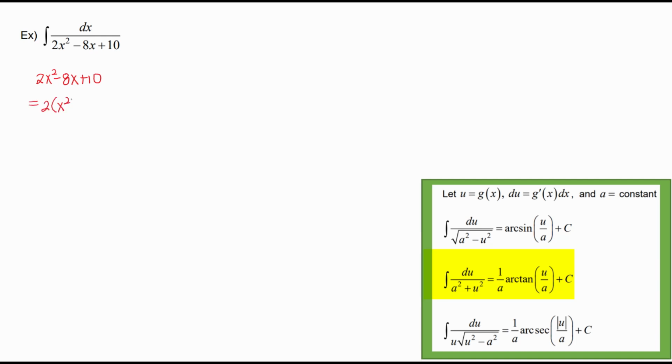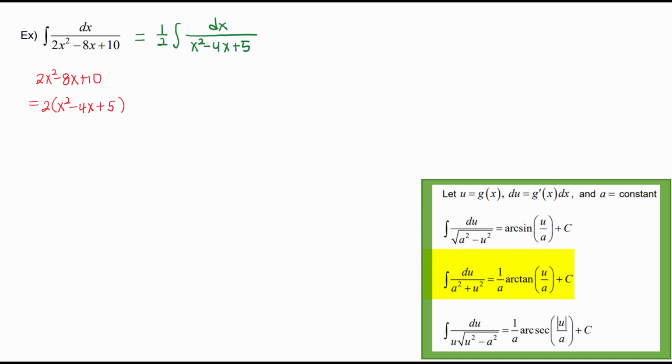So we can rewrite that as 2 times quantity x squared minus 4x plus 5, so that we can pull out the 1/2 in front of the integral. We can now rewrite this as 1/2 the integral dx over x squared minus 4x plus 5.